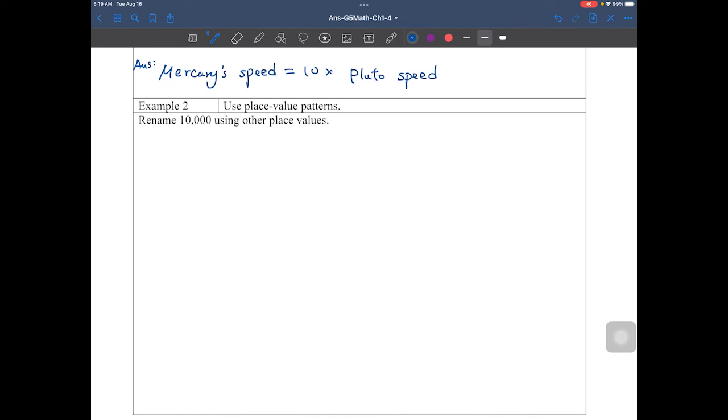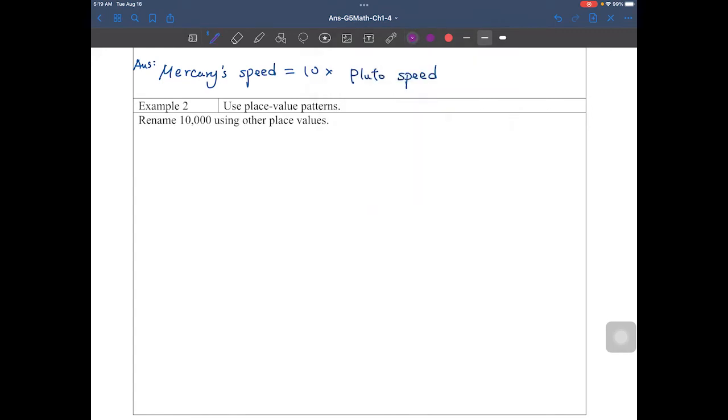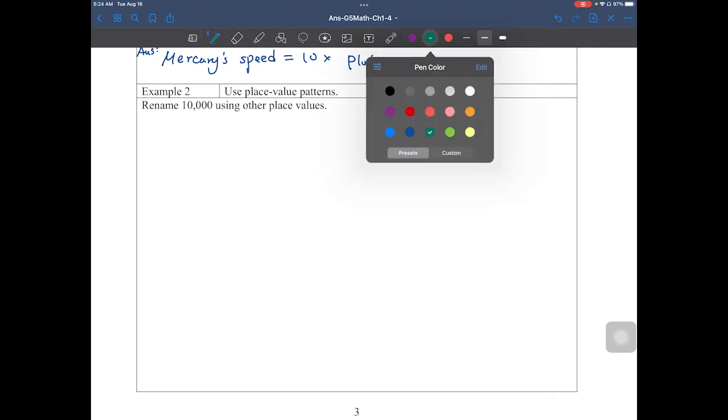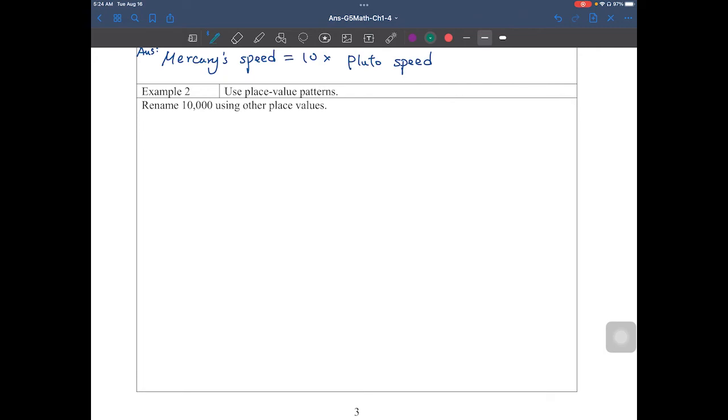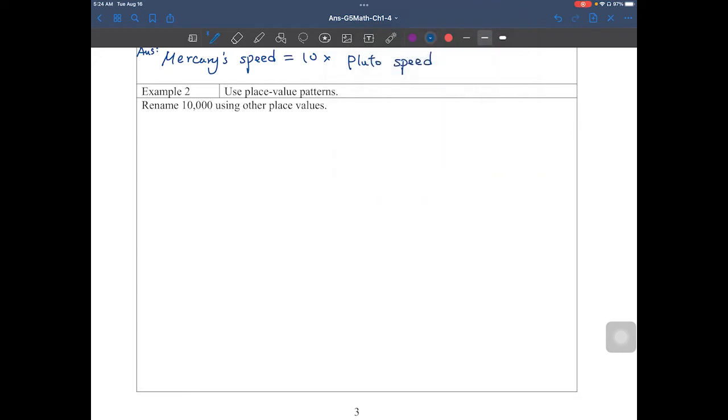Example 2: how do we rename 10,000 using other place values? The idea is that each number, we can call it the number that we have times its place value. So here is 10,000.